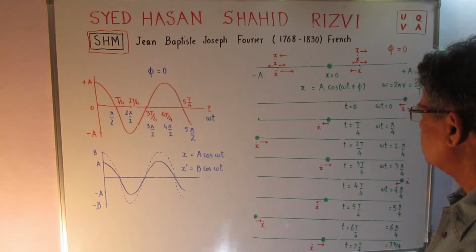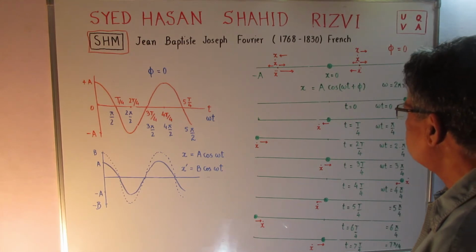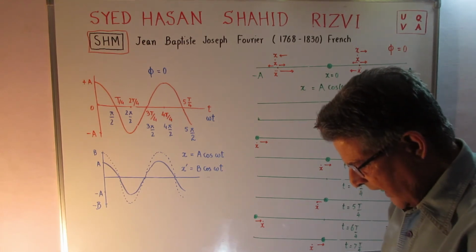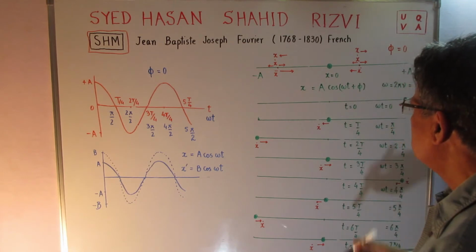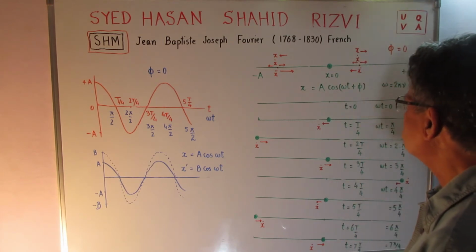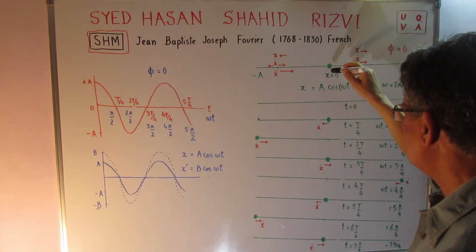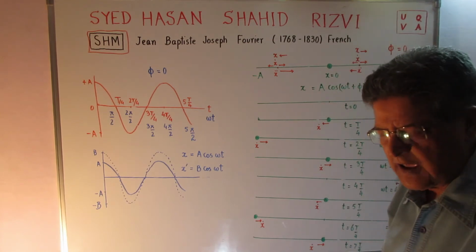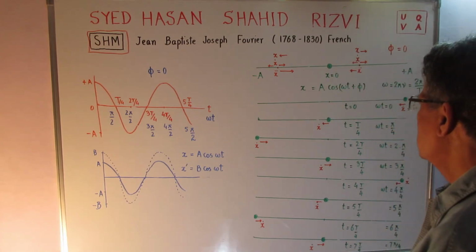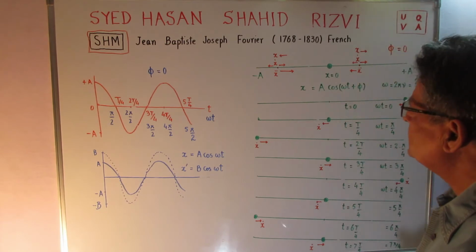But the acceleration in both cases is towards the equilibrium position. X double dot is opposite to the value of x.